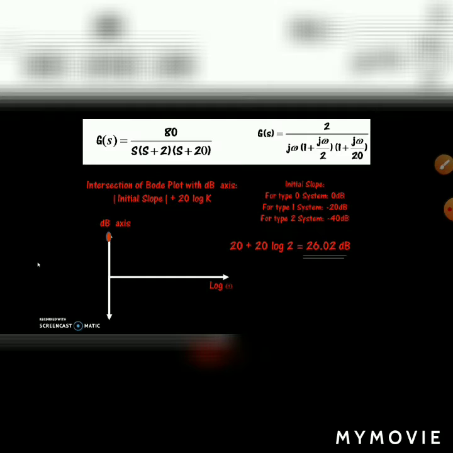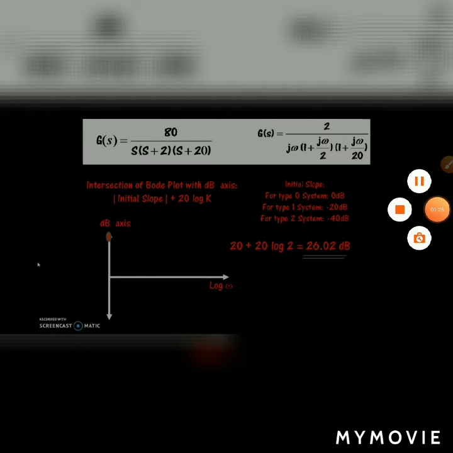So we have type 1, that is minus 20 dB. Plus 20 log k, k is 2, right? So 20 log 2 gives 6 dB, plus 20, so we get 26.02.